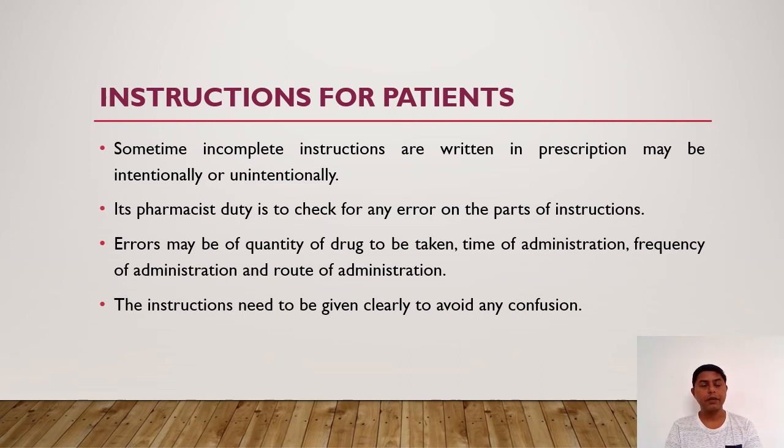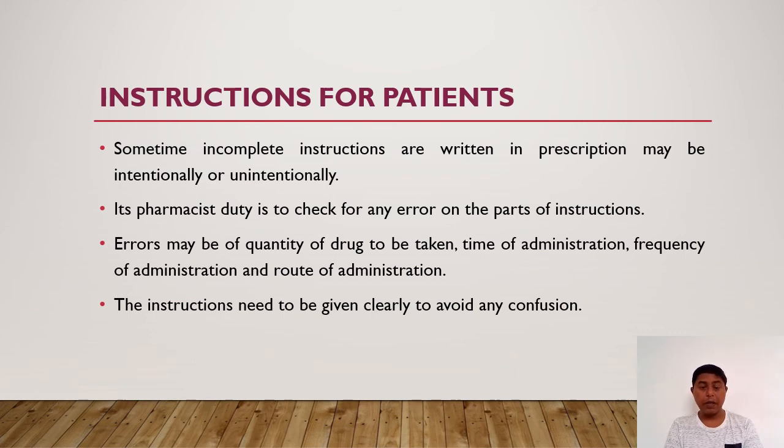Then the error comes with instructions for patients. Sometimes incomplete instructions are written in the prescription, which may be intentional or unintentional by the prescriber, but it creates problems for patients. It is the pharmacist's duty to check for any error on the part of instructions.